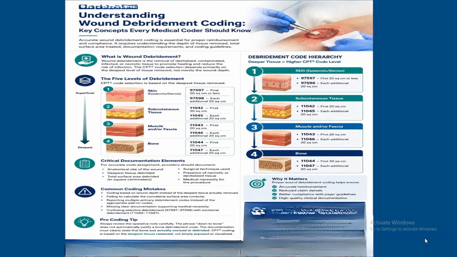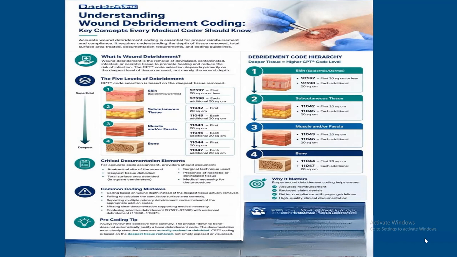So what do you need to check while coding debridement in the operative report? Basically, in order to code accurately, we need to check the anatomical site of the wound. So exactly where is the debridement? Next, the deepest tissue debrided. As we have 5 levels of debridement, we need to code based on the deepest level of tissue debrided.